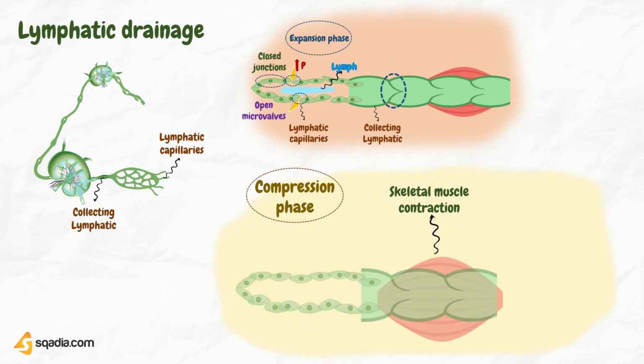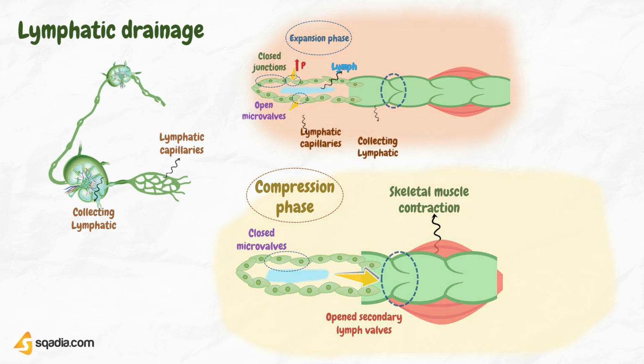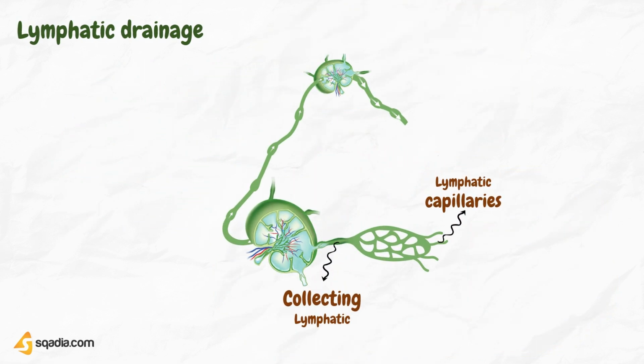During this compression phase, external pressure from skeletal muscle or any other source causes microvalves to shut, and lymph fluid enters the larger lymphatics through the opened secondary lymph valves. These valves open in one direction only, preventing the backflow of lymph. So, this was generally about flow through lymphatics.